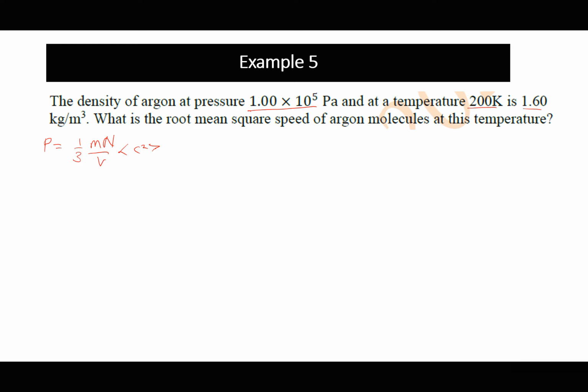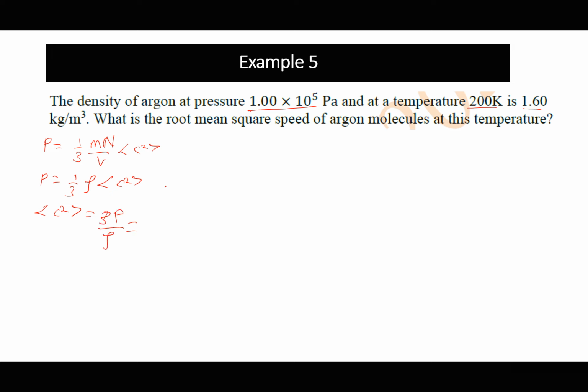Since we are given the density and the pressure, we can first use those quantities, because we want to find the root mean square speed of argon molecules at this temperature. So pressure is equal to a third times density times the mean square speed. So the mean square speed is 3 times the pressure divided by density.